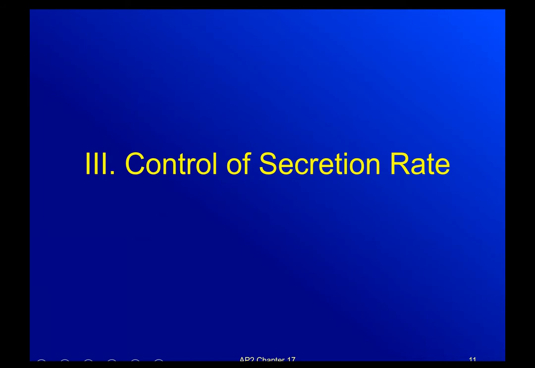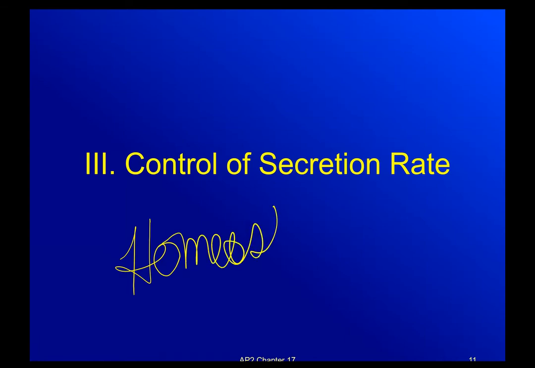Now, let's talk about the control of the secretion rate. How do we control secretion rate? This goes back to something that we talked about in chapter 1. It goes back to homeostasis. Okay?